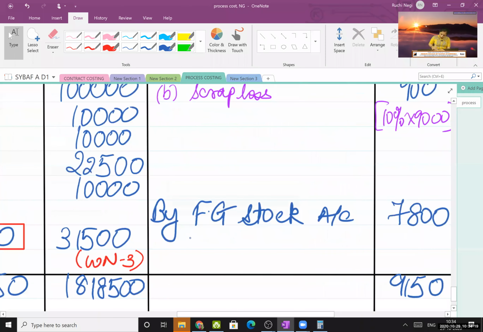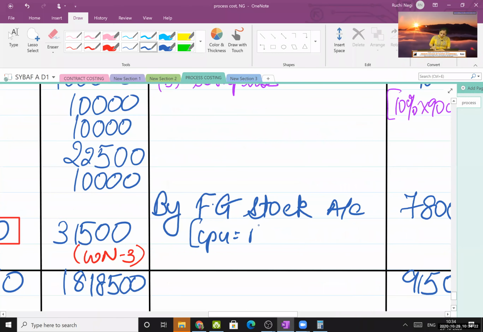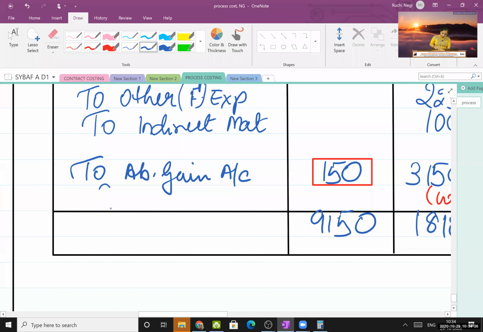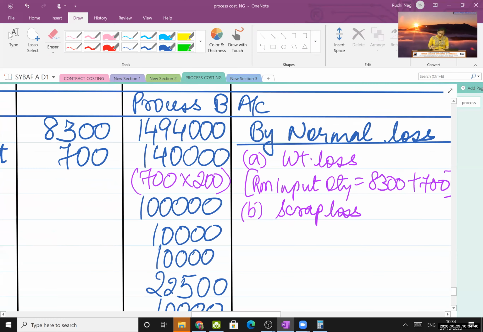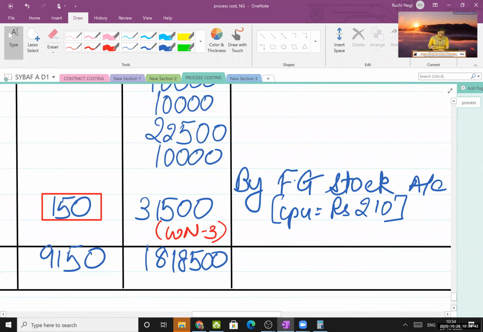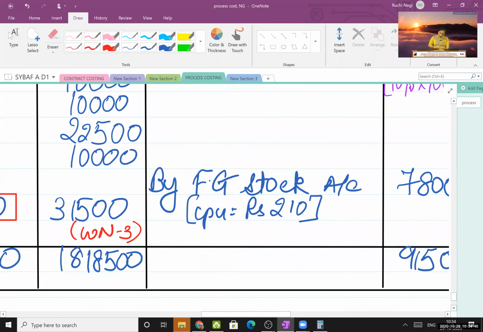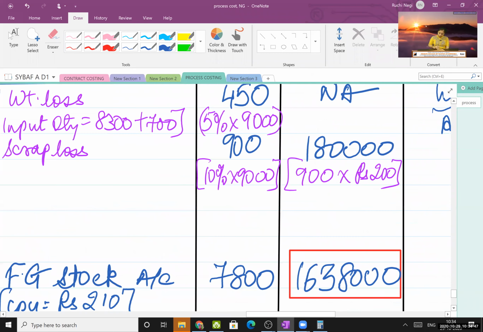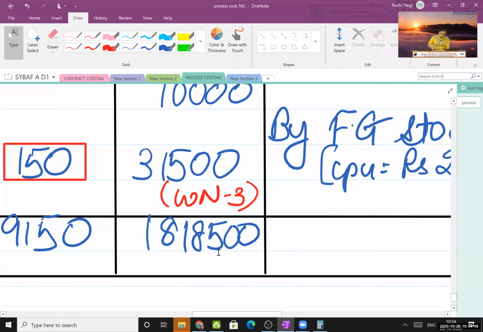Is it clear till here? ना CPU मैच होना चाहिए, ये भूलना मत. Okay, fine. Okay, thanks, Sanya. Achha, this is 18 lakh 18. Thank you.